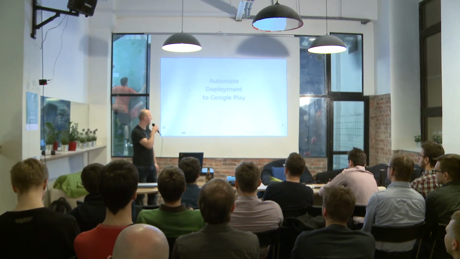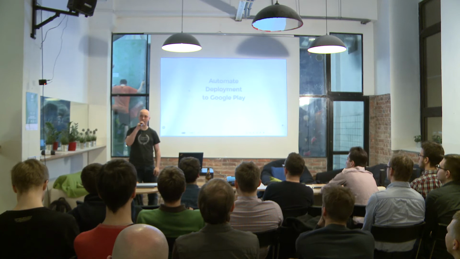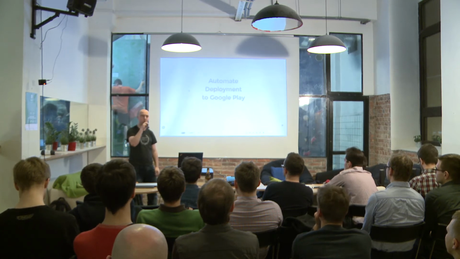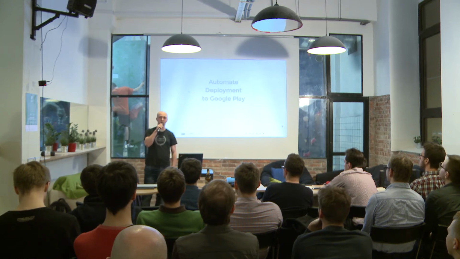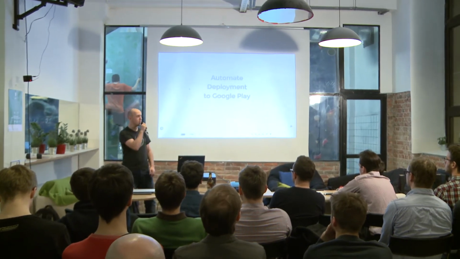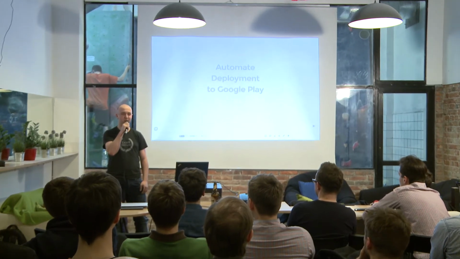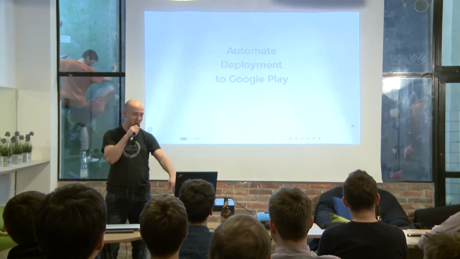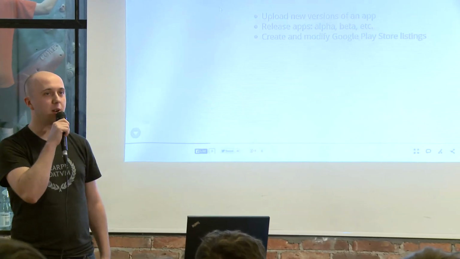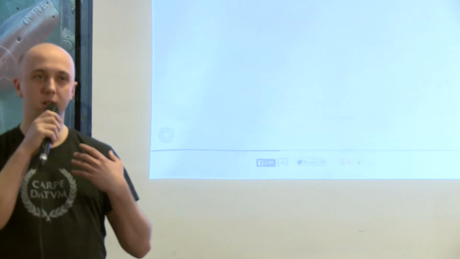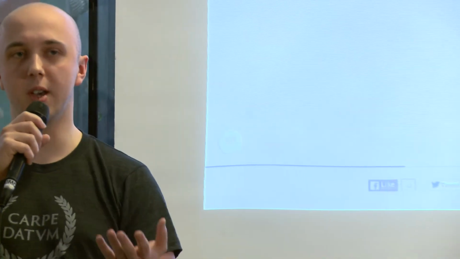Hello, I'm Maciej Górski, for those who don't know me yet, and I'm here to talk about deploying to Google Play. It's for Android, for iOS guys. So let's start. What can we do right now? We can automatically upload APKs to Google Play.